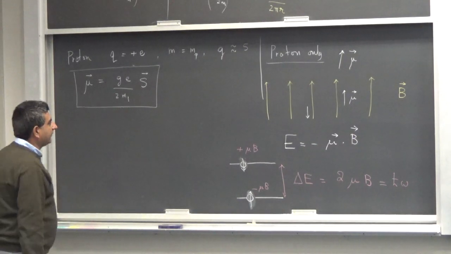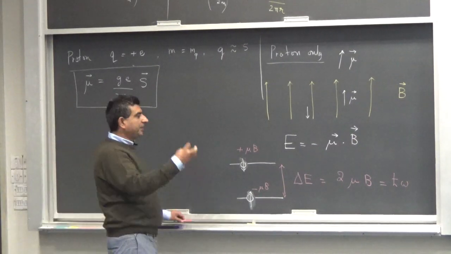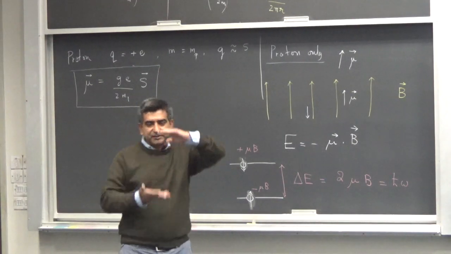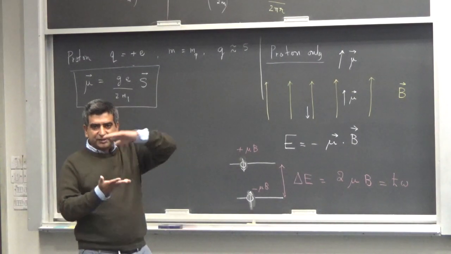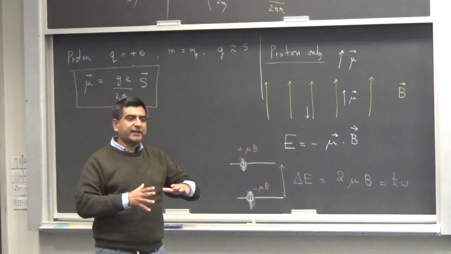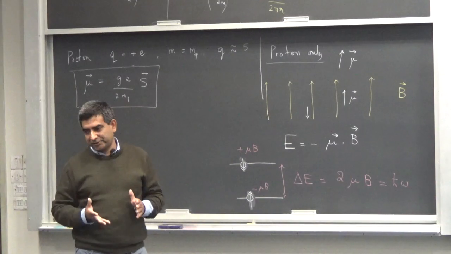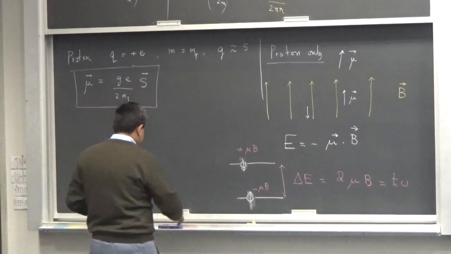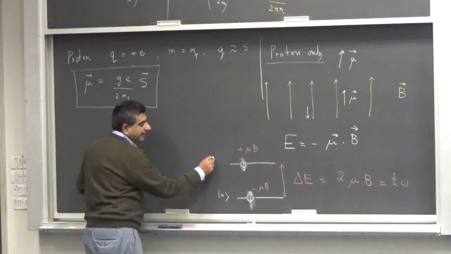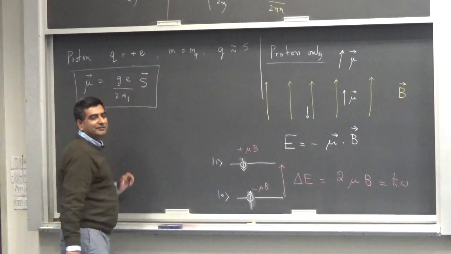So now what we have is we're looking at a single proton placed inside a magnetic field, and we've come up with the idea that its energy is quantized. The energy can take up 2 values. And we can also assign a quantum state with each configuration. Let's call this state ket 0 and let's call this state ket 1.